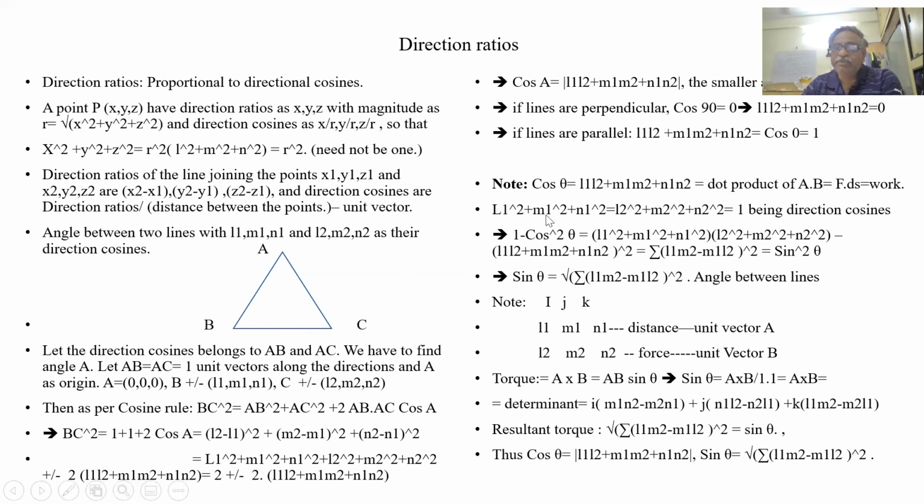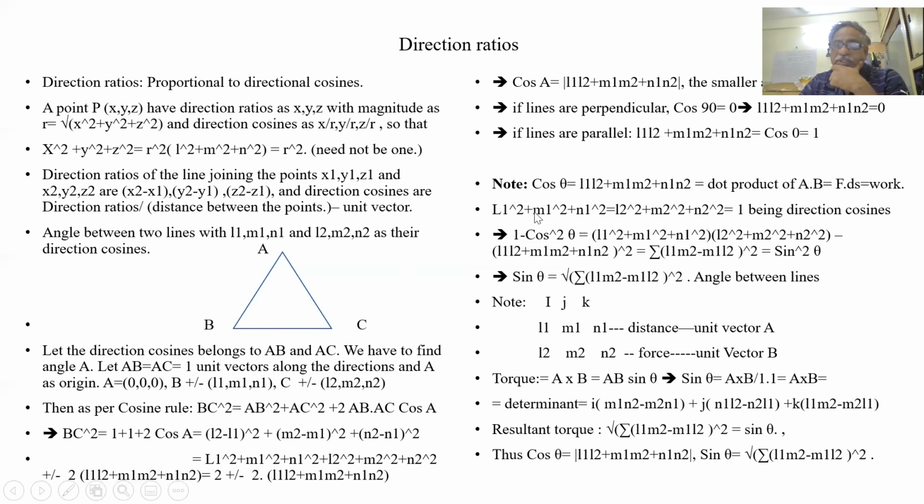Now we know L1 square plus M1 square plus N1 square is 1. L2 square plus M2 square plus N2 square is 1 because they represent unit vectors. Cos square alpha plus cos square beta plus cos square gamma, similarly cos square alpha 1 plus cos square beta 1 plus cos square gamma 1. They are 1. So now in place of this I am writing 1 minus cos square theta. What is 1?